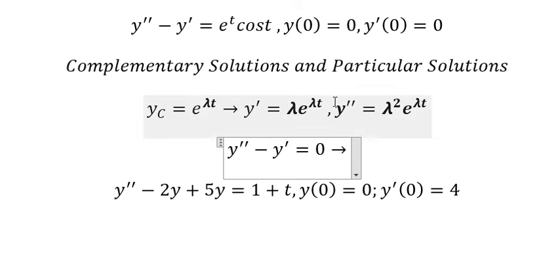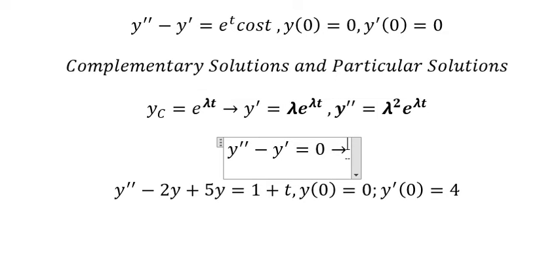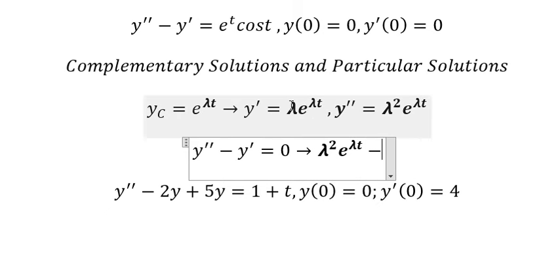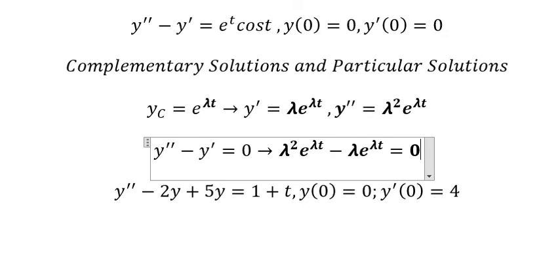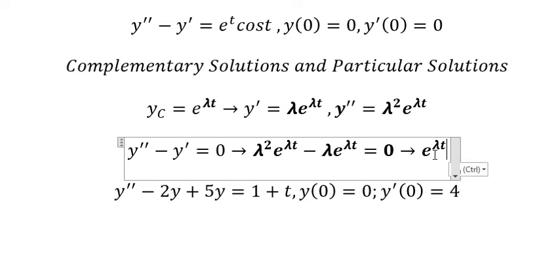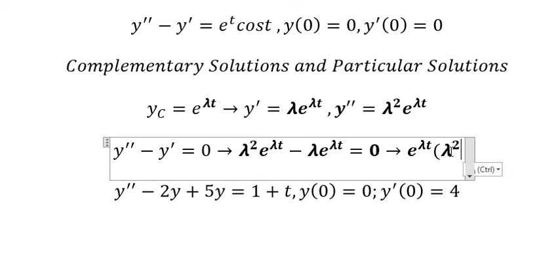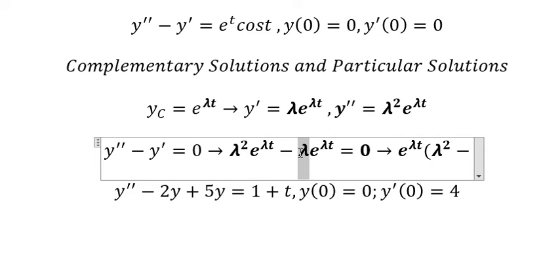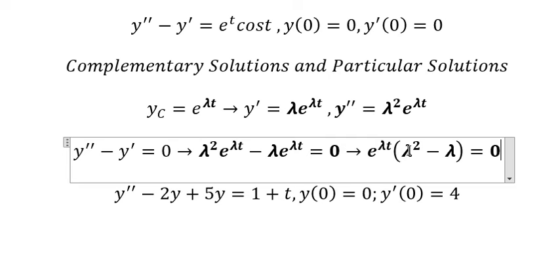Now we put this one go in here and this one go in here. Now we do factorization of this one. So we got this one equal to number 0.